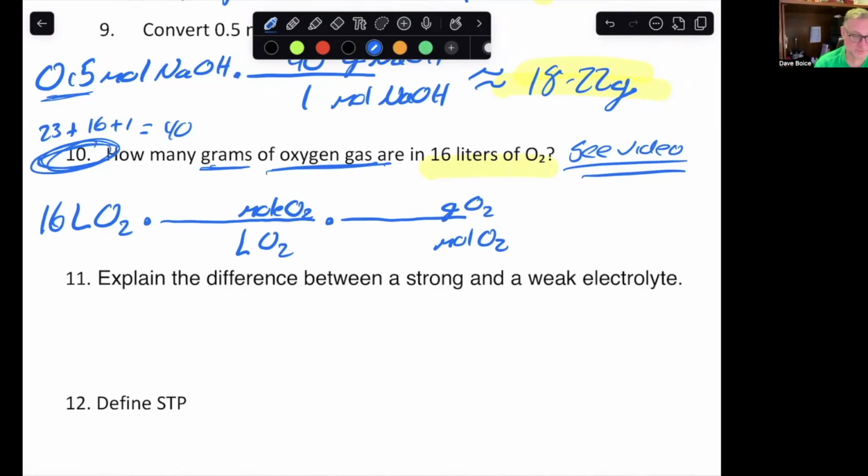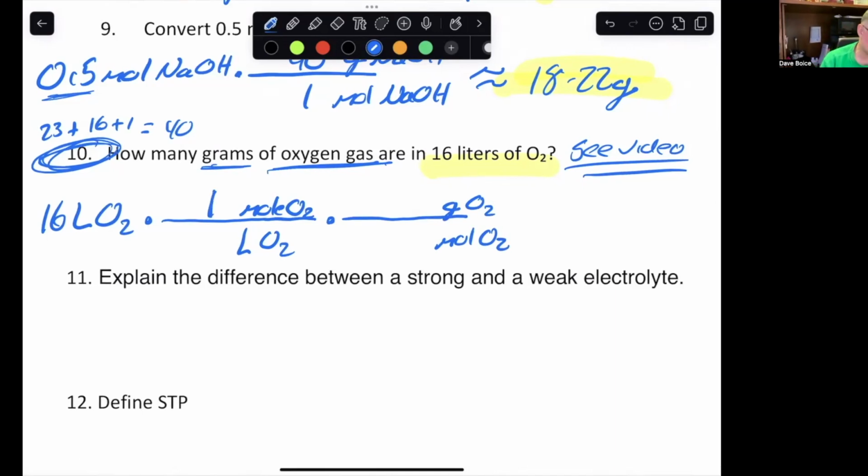And so this one, as far as numbers, is pretty easy because 1 mole of O2 gas or any other gas in the world is going to occupy 22.4 liters. And 1 mole of O2, you could easily make the mistake of saying oxygen, oh, that's 16 because that's what the periodic table says. But this is O2.